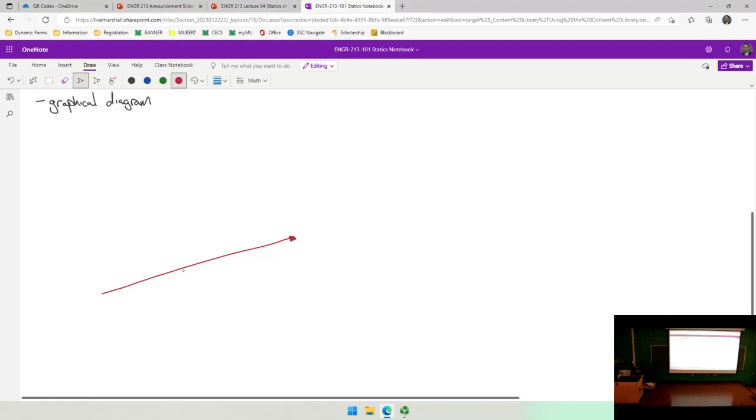Now, this is a 900 Newton vector. And what I'm going to do is down here on the bottom, I'm going to draw myself a little bit of a coordinate system, about like that. And this angle right here is 30 degrees. Does everybody agree with that?